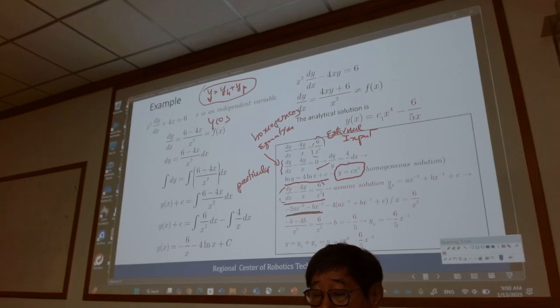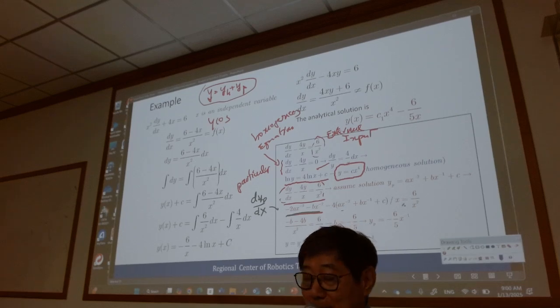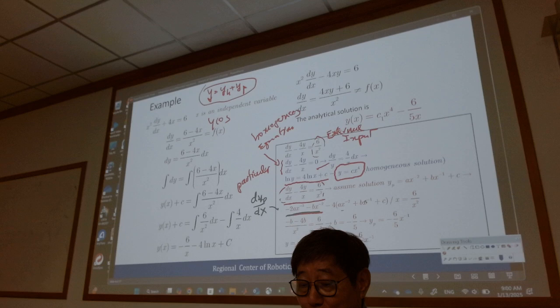Take the derivative of this one. This is dy particular by dx, minus 4 y particular, equal to 6x squared. So we organize the terms, and we find that only B is a solution.